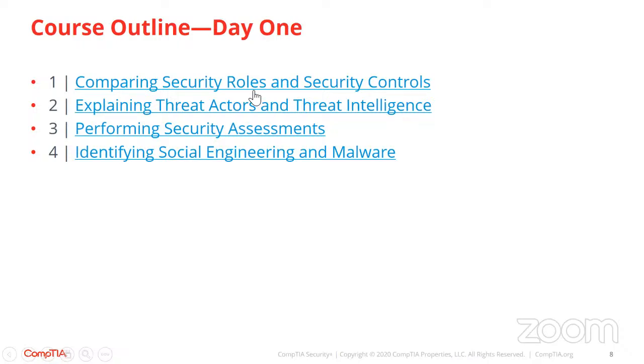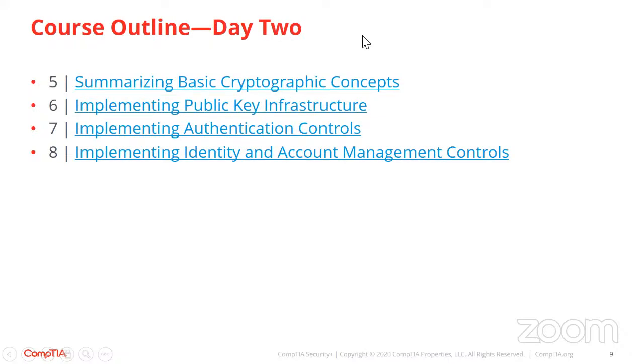Now, these are the topics I've just mentioned earlier on: threat actors, threat intelligence, security assessment, and identifying social engineering and malware. Now, this is the first module out of the 5 modules in the course.